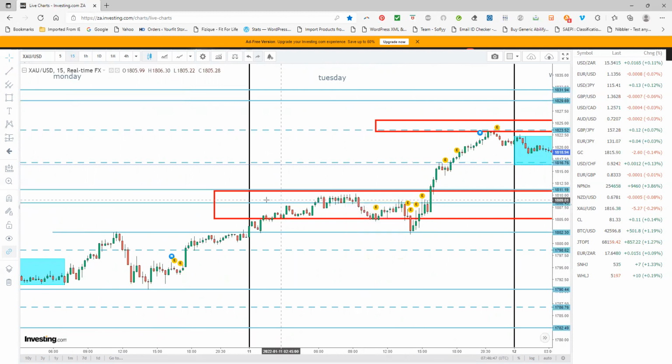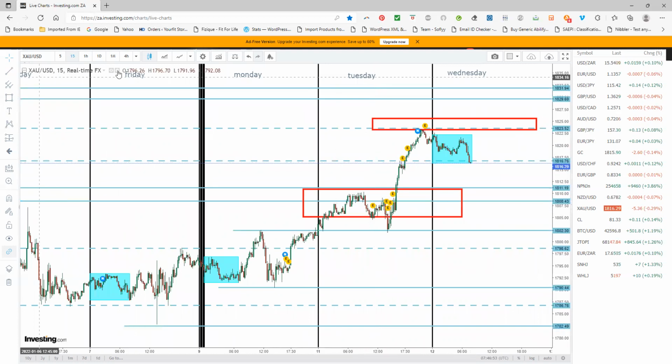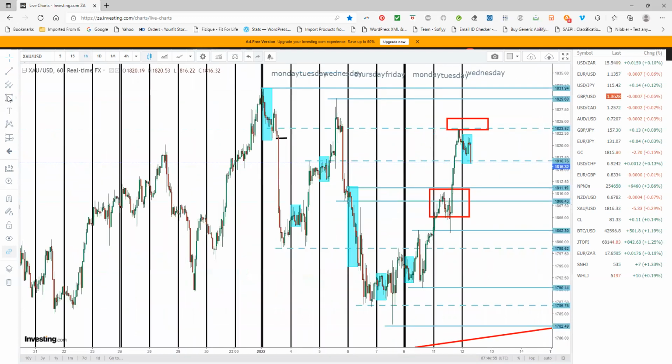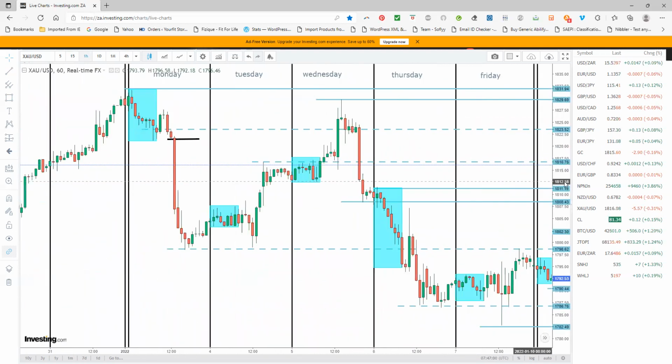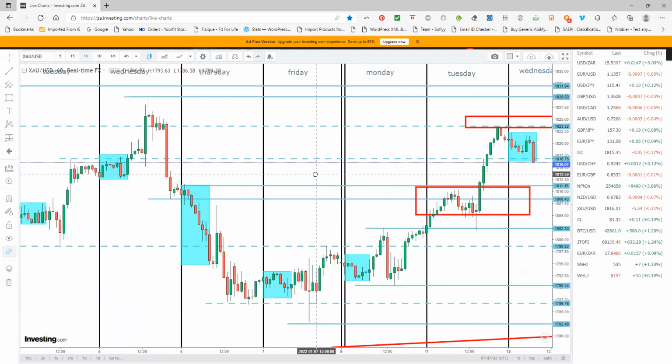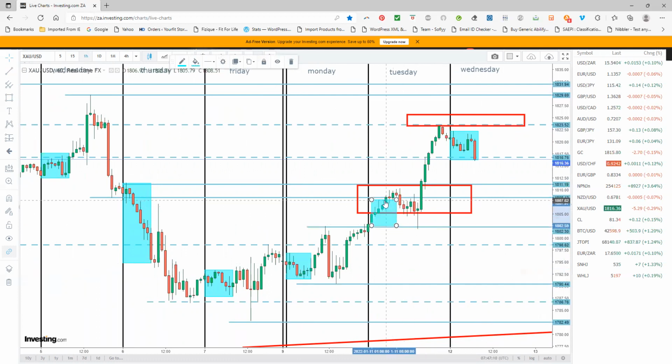Can you see that's a consolidation area? Yeah. Okay, I see on Tuesday we didn't put an Asian range. Let me quickly do Tuesdays.